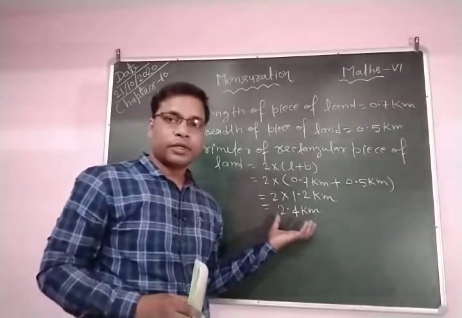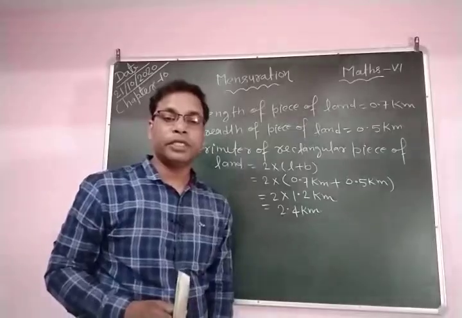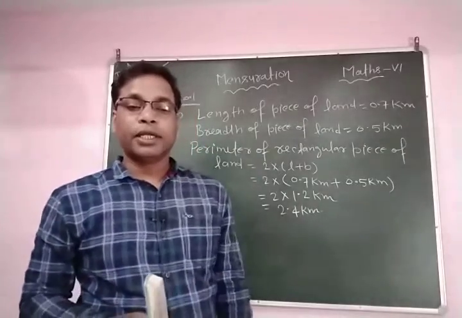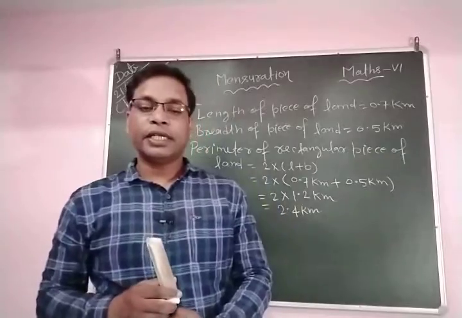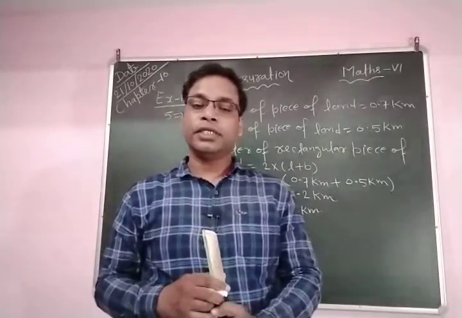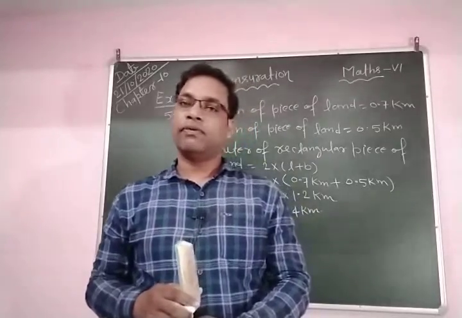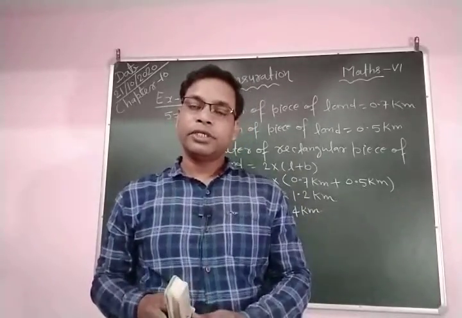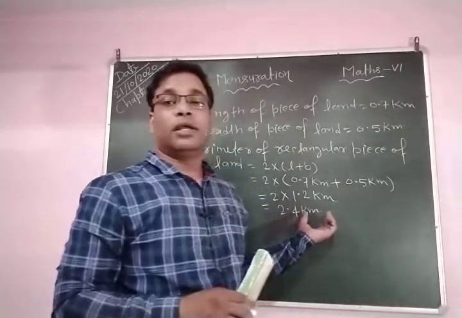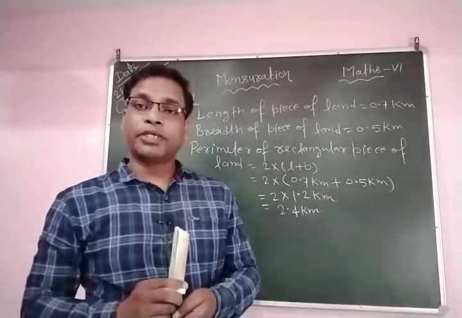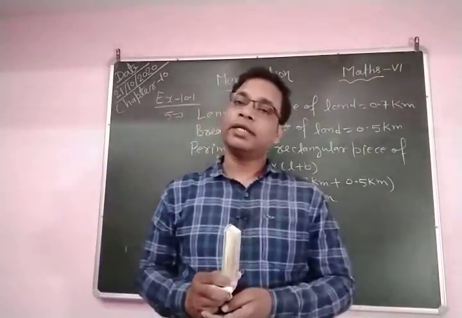Now, this is the perimeter of the rectangular piece of land, but here we need to find the length of wire. In this question, it is given that each side is to be fenced with 4 rows of wire. Okay, so it means if you multiply the perimeter of the rectangular piece of land by 4, then you obtain the length of the wire needed.